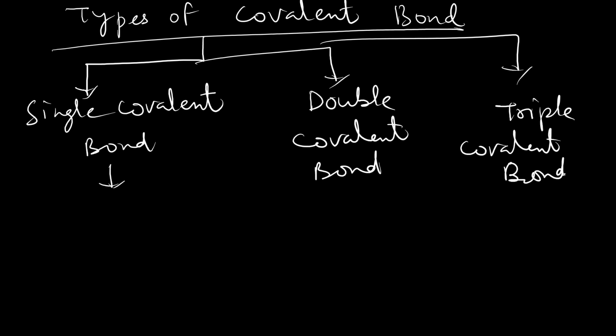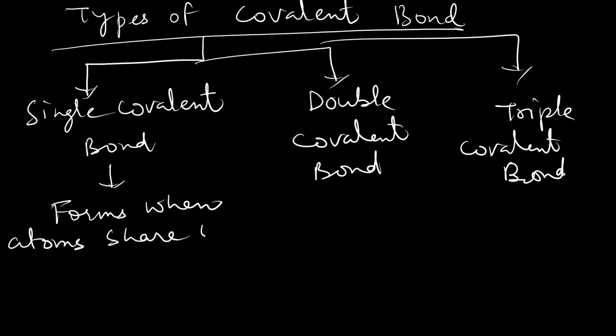A single covalent bond is the bond formed when atoms share one pair of electrons.